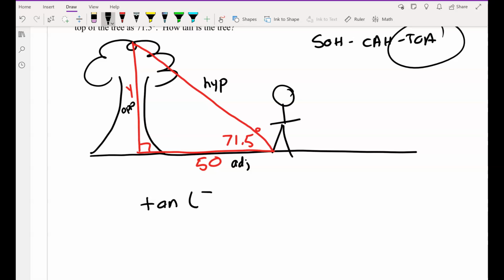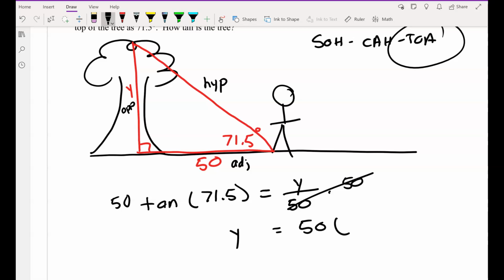So tangent of 71.5 equals opposite, which is y, that's what I'm looking for, over adjacent, which I know is 50. And then to solve for y, just multiply both sides by 50. Those 50s cancel. And you're going to get y equals 50 times the tangent of 71.5. Make sure you're in degree mode. And you'll get 2.98.